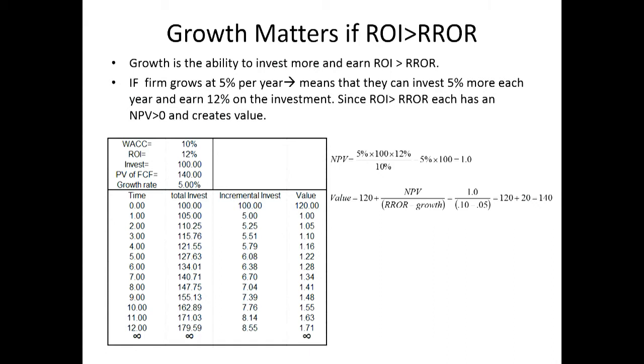Now, next year I invest an additional 5, and I'm actually able to earn 12% on that investment. So for that investment of $5, times 12%, what I earn is 0.6 every year.